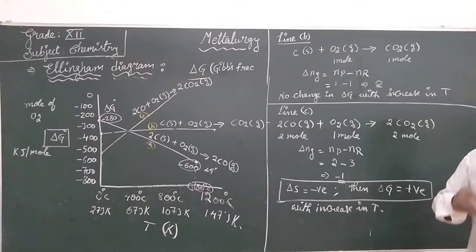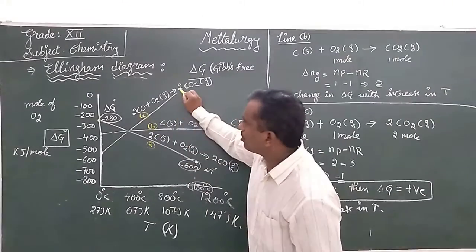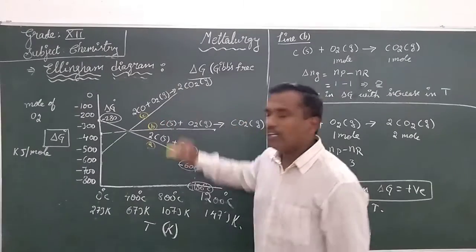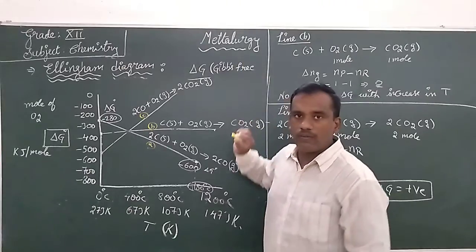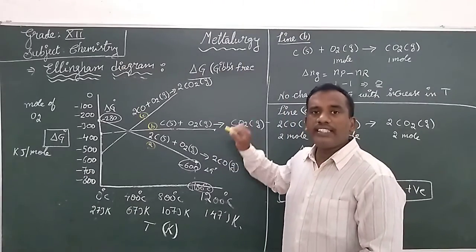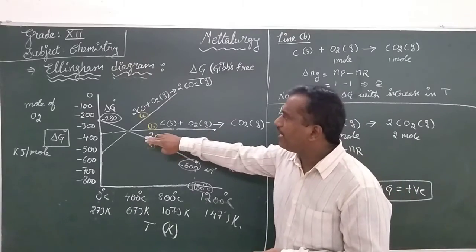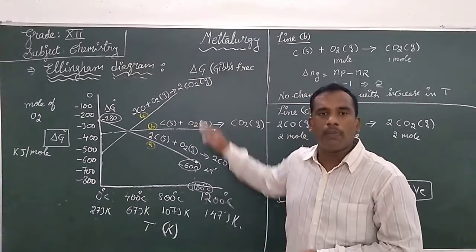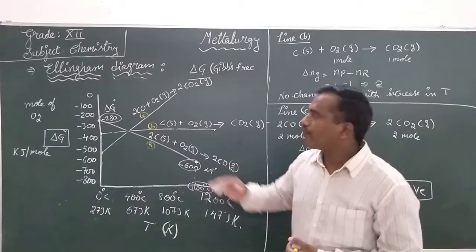Let us take up the line C. This is the line C they mentioned. In this line C, it is going on increasing. Why is it increasing? The line is not going straight like previously. It is having a positive slope. We can call it a positive slope. Why so?